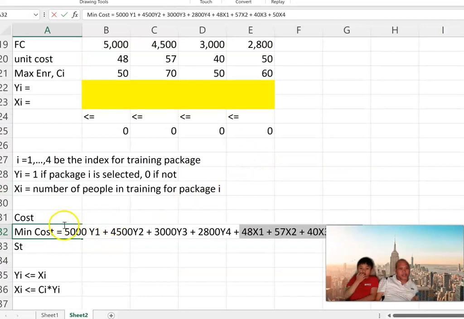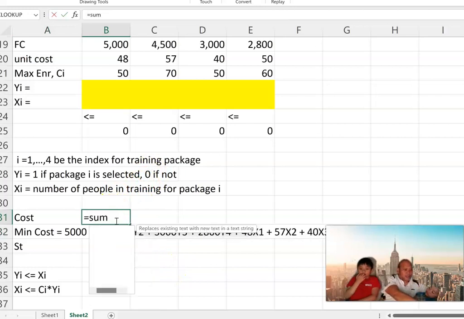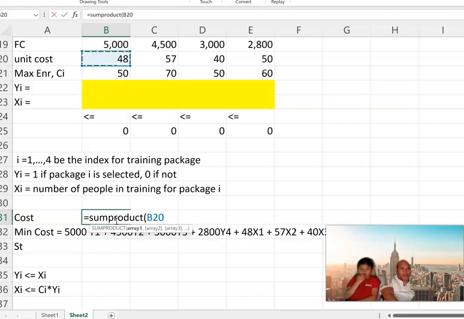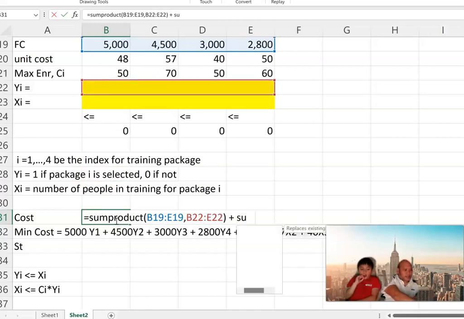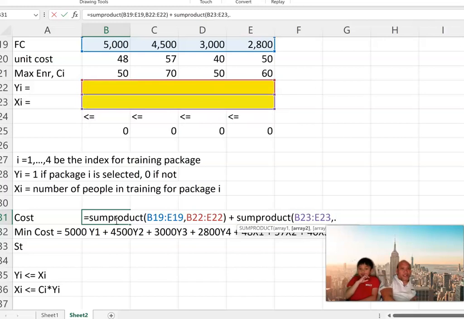So we simply say it's equal to the sumproduct of the fixed cost with yi, plus the sumproduct of xi times the unit cost.